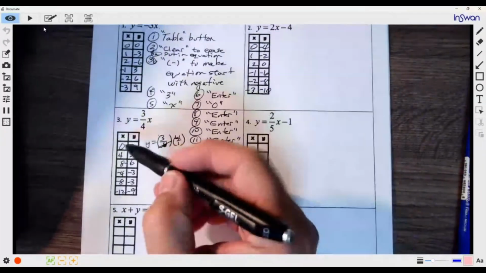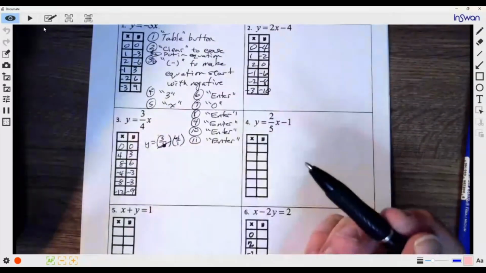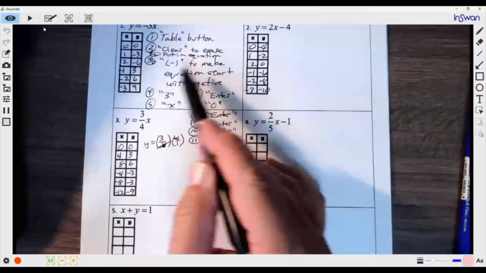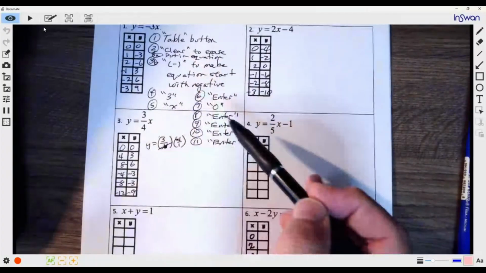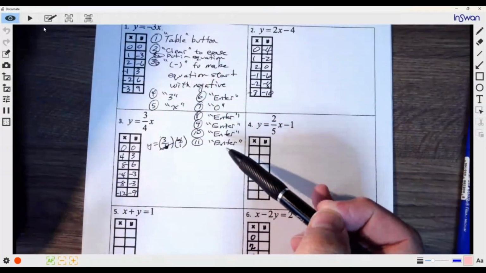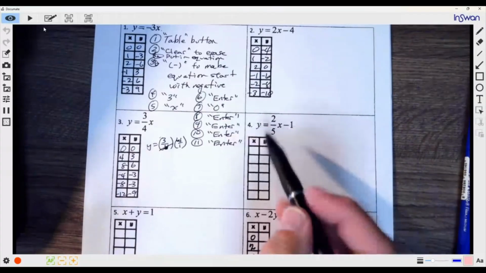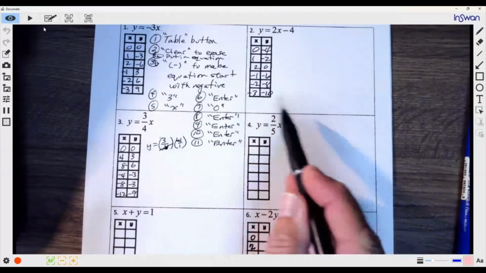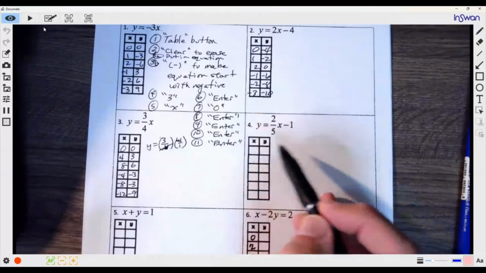Okay. So there's our table of values. All the work done for us. And all I had to do was know how to put this into my calculator. All right. I want you to put in this one.